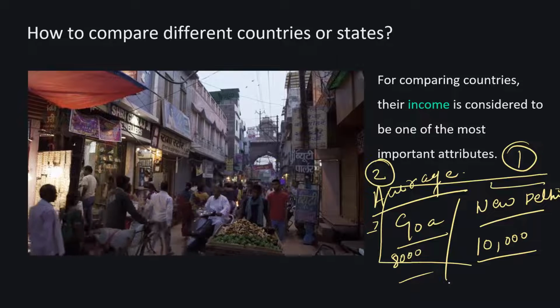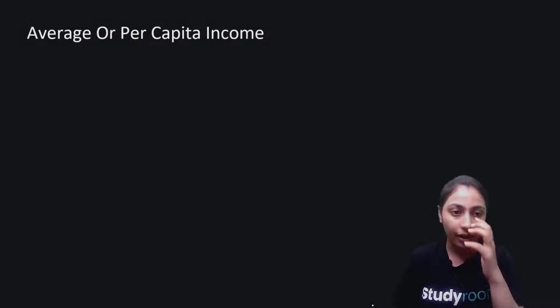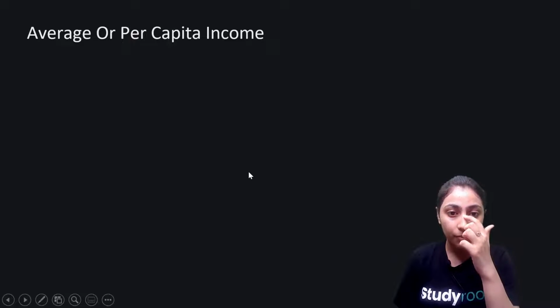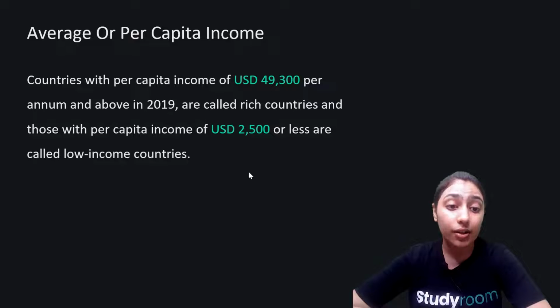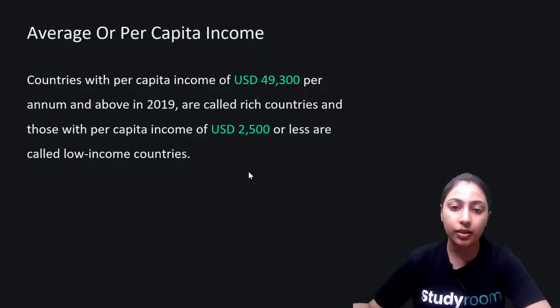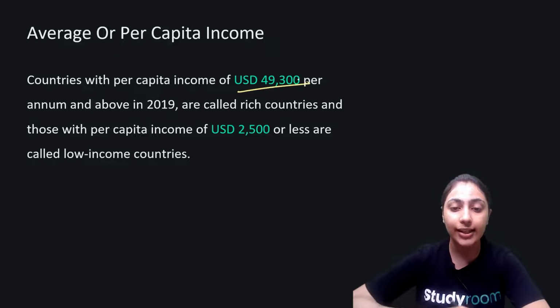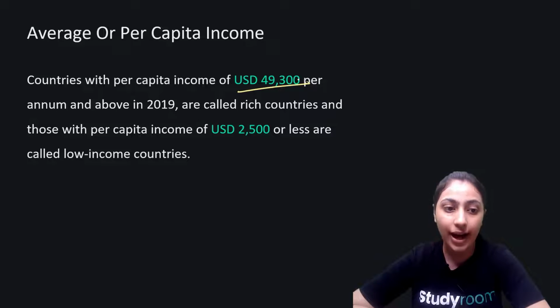Moving forward, we have average or per capita income, something that I just discussed. Countries with a per capita income of USD, that means US dollar, 49,300 per annum, and above in 2019 are called rich countries.